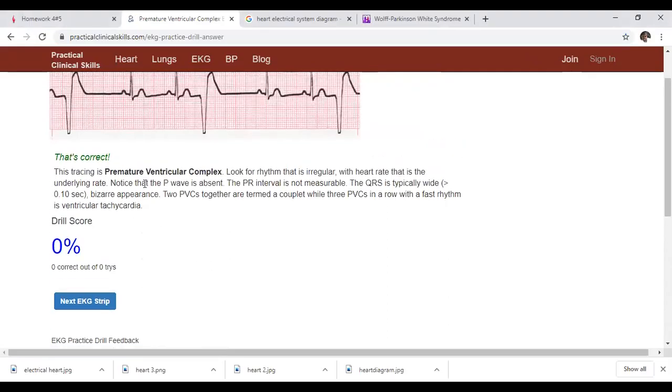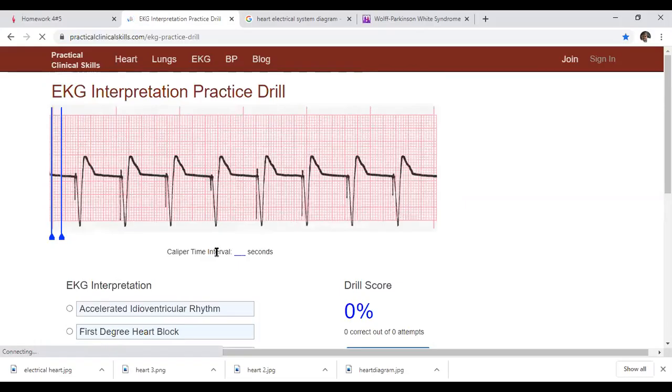Look, it says this is a premature ventricular complex. Look for a rhythm that is irregular with an underlying rate. It says, notice that the P wave is absent. You don't have a P wave before you have the QRS. Whenever you have a QRS out of nowhere, that's a PVC. Okay, PVC. Next strip.